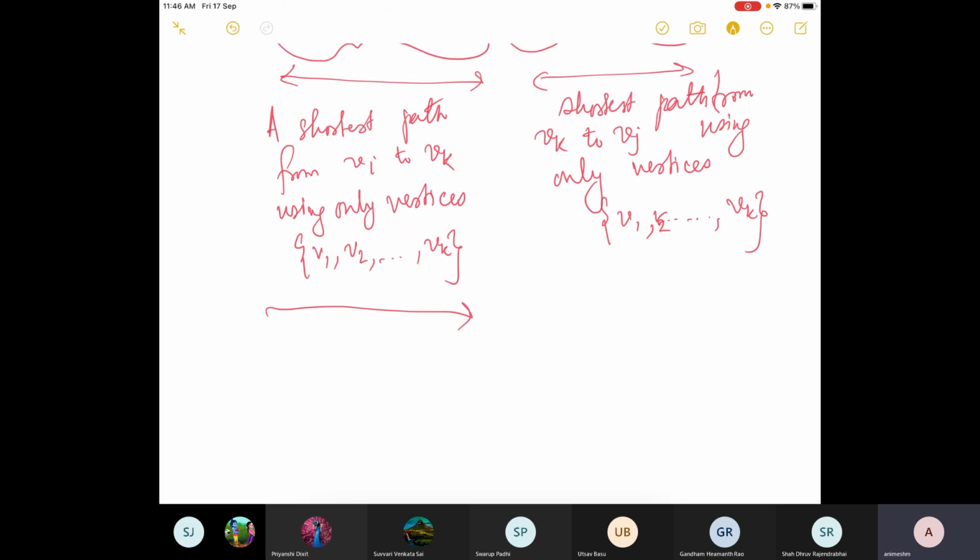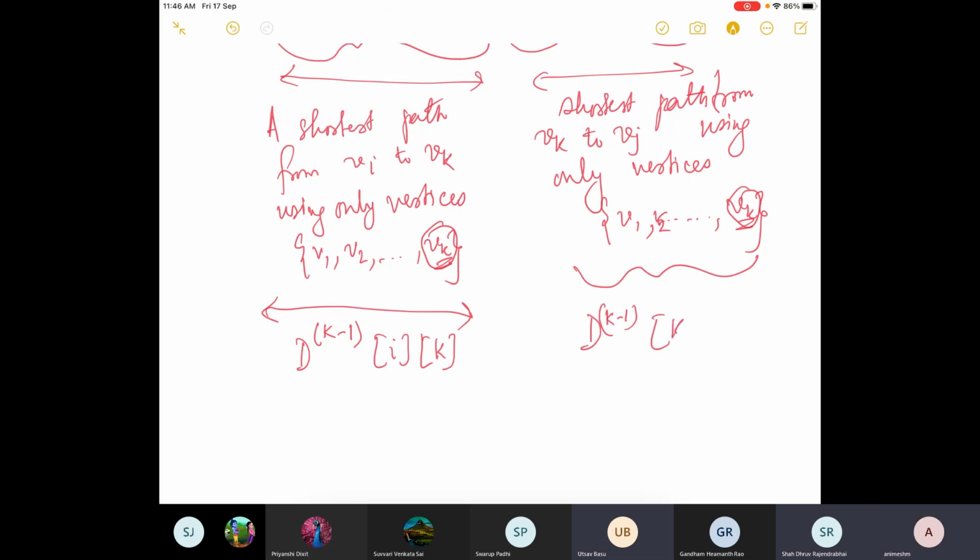So what is the length of this subpath? dk of i comma k. Sir, k minus 1 also, because Vk cannot be an intermediate in this path. Yes, right, dk minus 1 of i comma k. Similarly here, this one is dk minus 1 of k comma j.